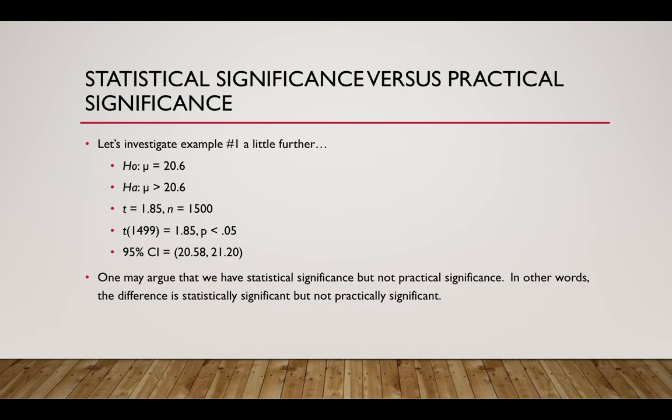So then mu would be greater than 0. And let's say we get a big enough sample size where we reject the null, but the mean weight loss only turns out to be like 0.1 pounds. Well, we got statistical significance, but does anybody really care if we lose 0.1 pounds? I guess it's better than gaining. I guess it's better than nothing, but to me, there's no practical significance.